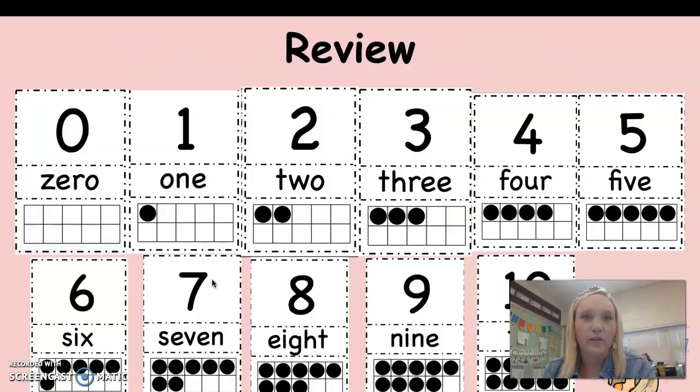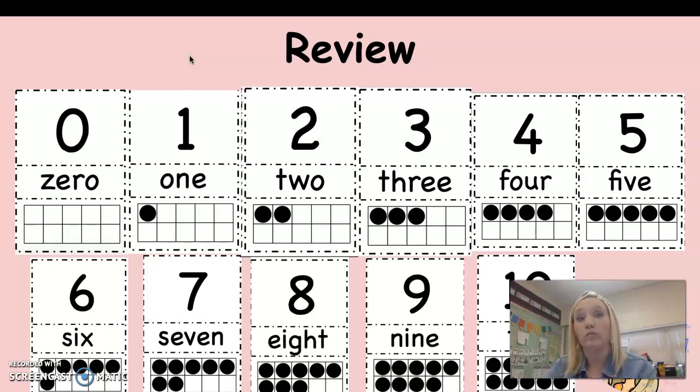All right. So real fast, we're going to review. Last week we talked about recognizing the digit, the name of the number, and the group or the set. This week, we're going to focus on identifying those numbers 0 through 10.